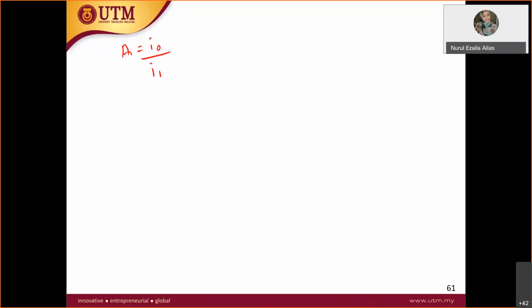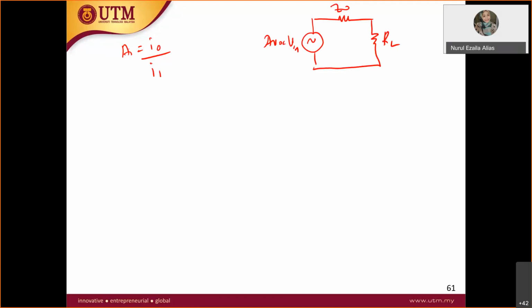How do you find that? Since you have AVOC just now, you can do it like this: AVOC, V in, and then you have Z out, and then you have RL.